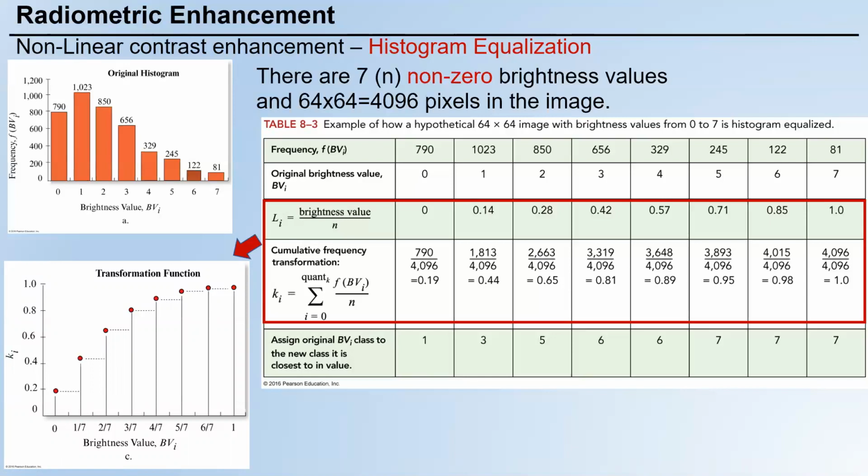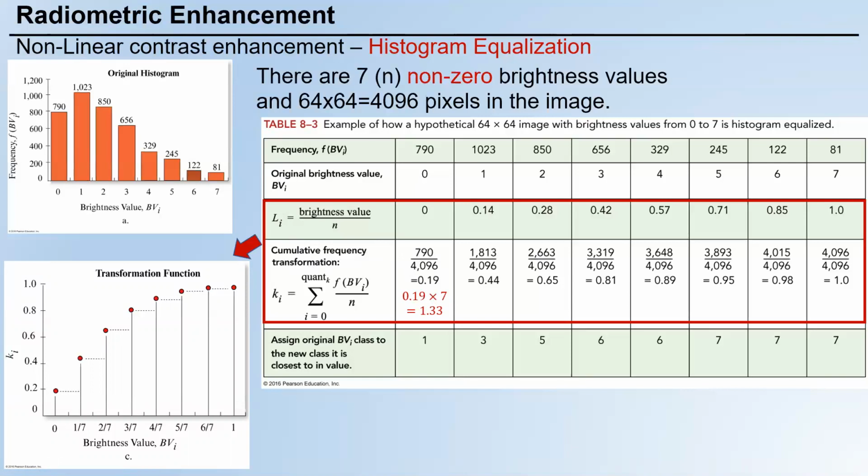How to calculate that? We use the cumulative frequency of that class, multiply by 8 minus 1. 8 is the possible number of classes for this image, 2 to the power of 3. This is a 3-bit image, which is 8. 8 minus 1 is 7.